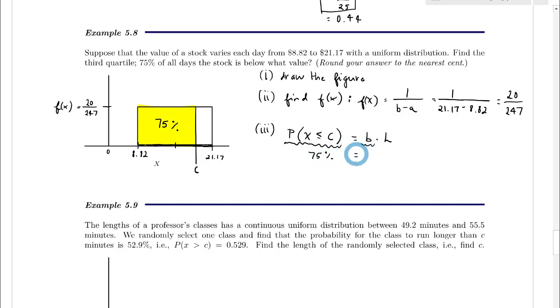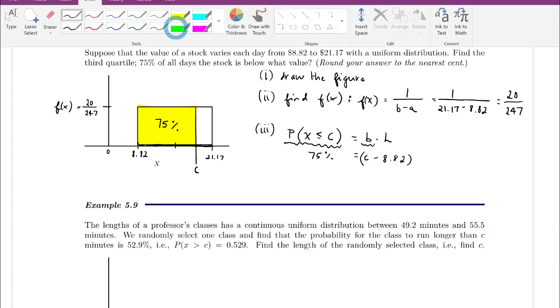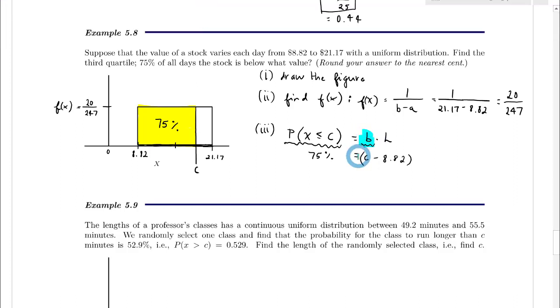The base here will be C minus 8.82. And let me highlight this. So the base will be this value, like we've been doing, subtracting, right? The area is the probability. And then the height, which will be over here, is going to be f of x, right? The 20 over 247.